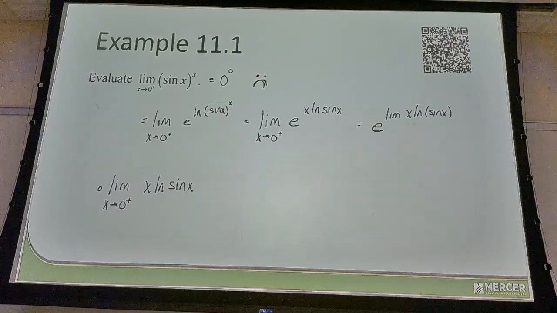What do you get? Zero times negative infinity. Why is it negative infinity? That's what ln does.